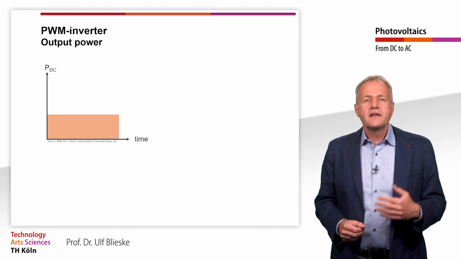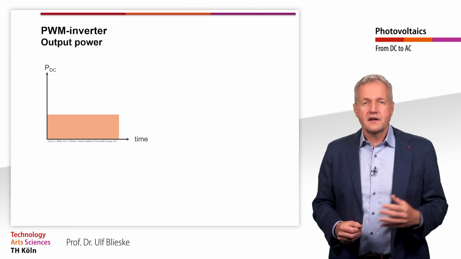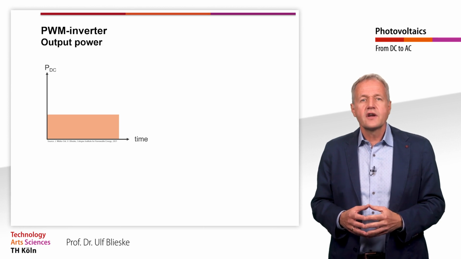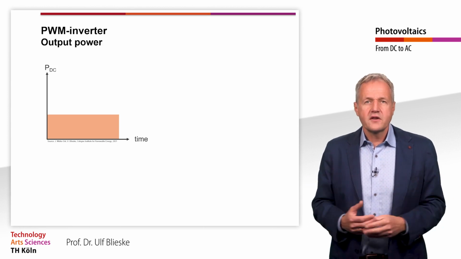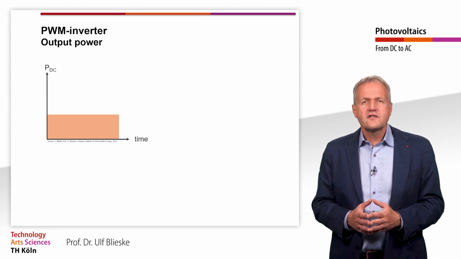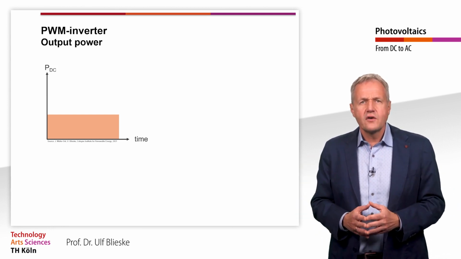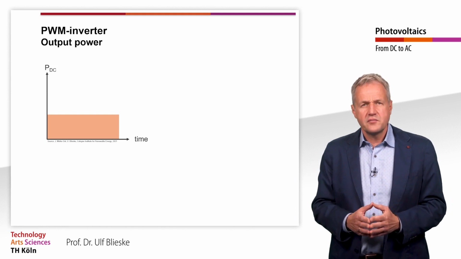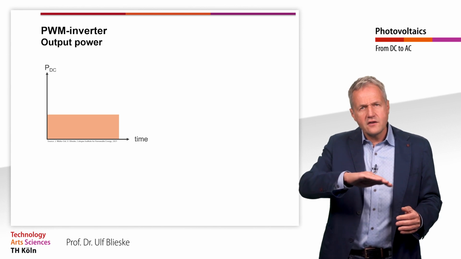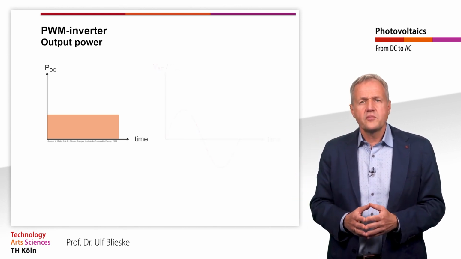This circuit now has to be supplemented by a further link. For a better understanding, let's first take a look at the performance of the inverter. A more or less constant direct current output of the solar generator is applied to the input. The inverter supplies a sinusoidal voltage at the output.